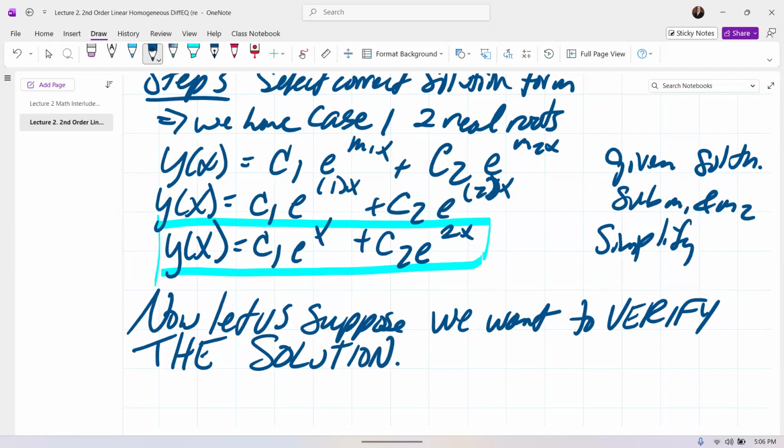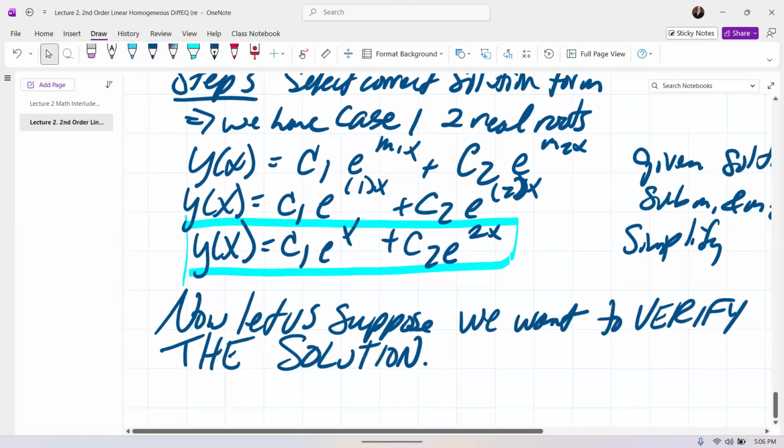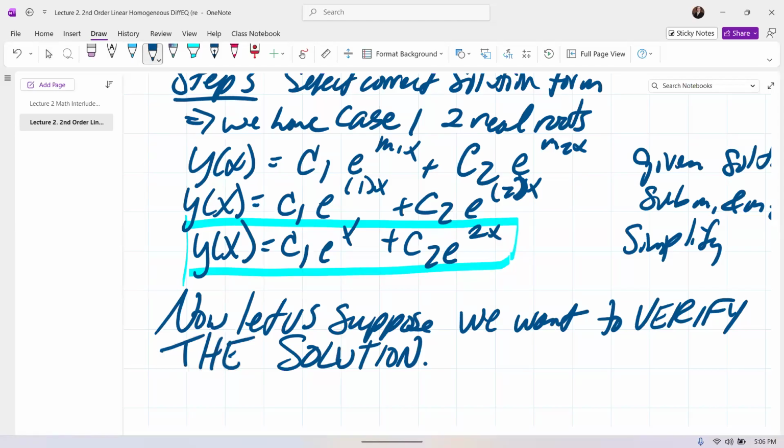How would we do that? It's very similar to the procedure that you would do when you get an answer in algebra class. So when you got some x value and you thought you solved it, what would you do? Well, you substitute it back in and demonstrate that the equation holds. And that is what we can do here.